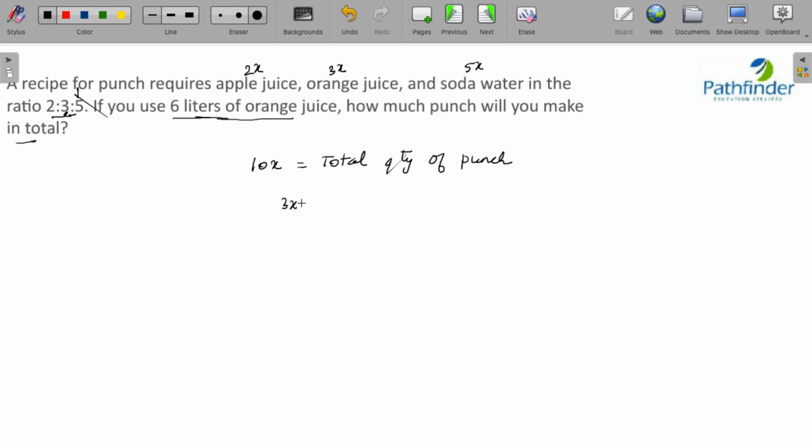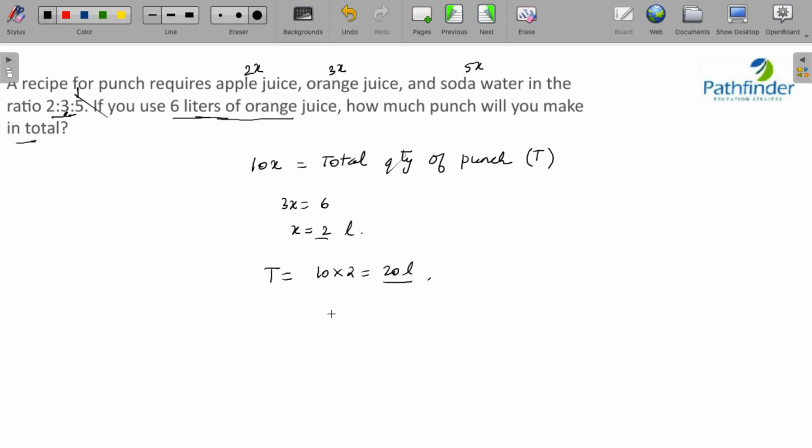And that is given to be equal to 6. So x is equal to 2 liters. So the total amount of punch, that is T, is equal to 10 times 2, that is 20 liters.